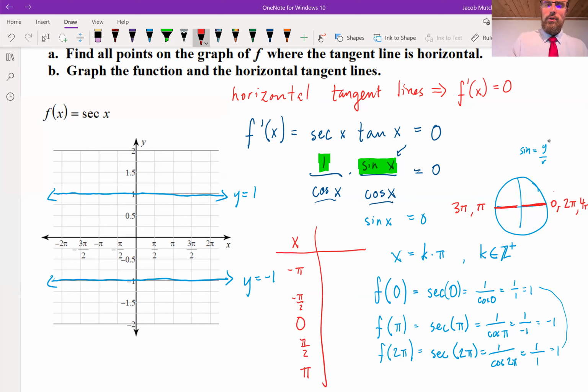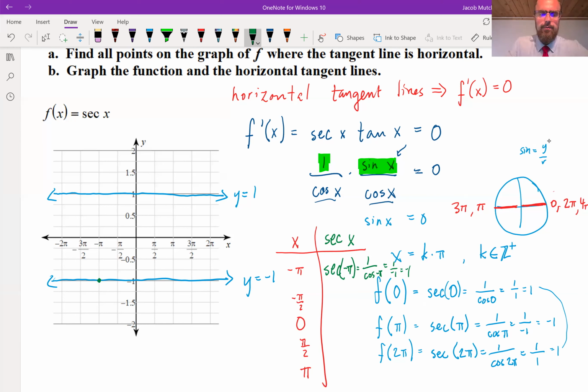So we'll start with secant of negative pi, which is 1 over cosine of negative pi, which is 1 over negative 1, which is negative 1. So we'll plot that point over here at negative pi, it's negative 1.